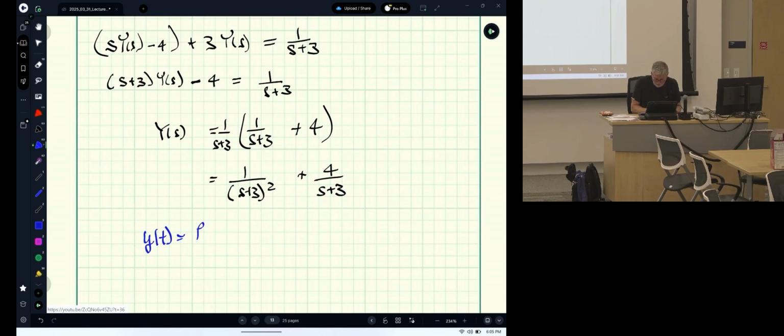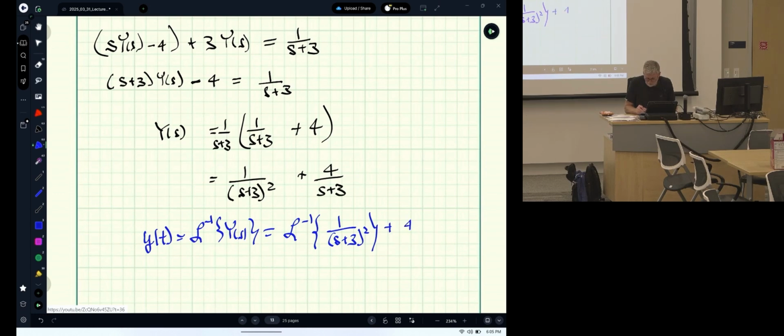So now y of t is the inverse Laplace transform of Y of s, which is the inverse Laplace transform of 1 over s plus 3 squared, plus 4 times the inverse Laplace transform of 1 over s plus 3.